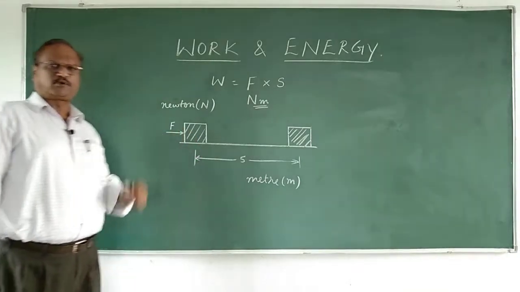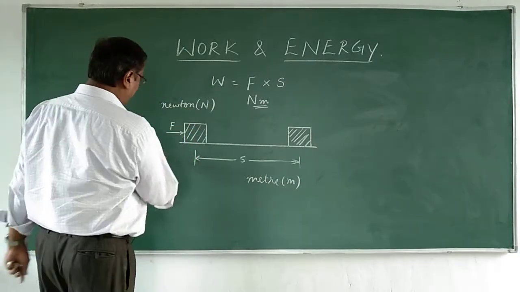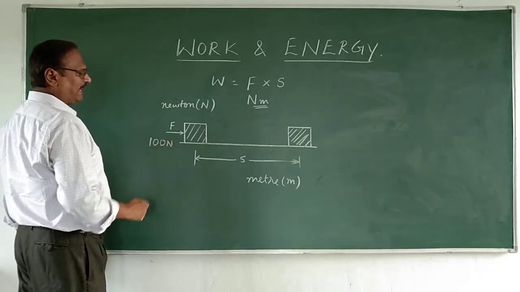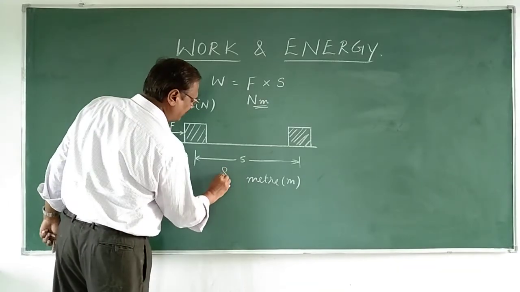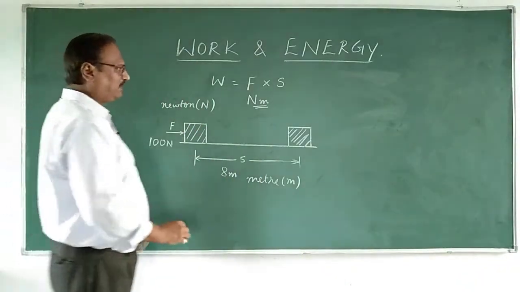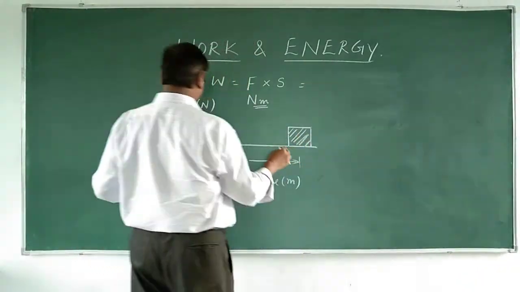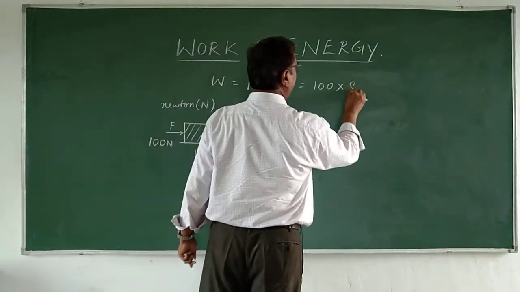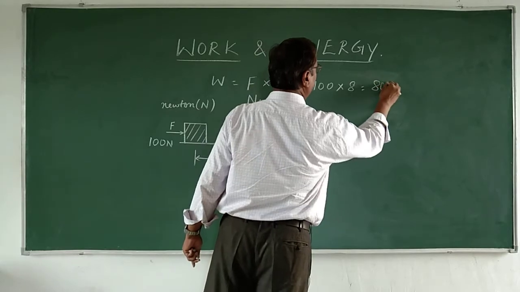Let me do a simple problem now. Suppose I apply a force of 100 Newton, right? And the body is going to displace by 8 meter. Then what will be the work done? Very simple. Force is equal to 100 multiplied by displacement 8, that is 800.